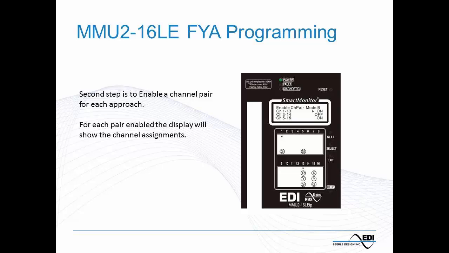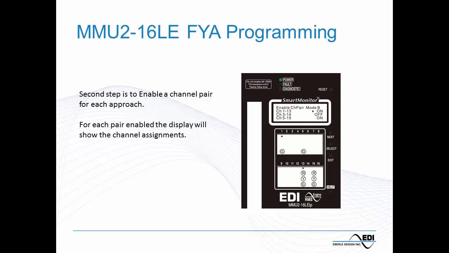So the next thing we need to tell the MMU is of the 4 possible channel pairings, which ones are we actually deploying flashing yellow arrow on. In the maximum case, we'd have it on all 4 approaches. In this example, I've suggested we're only going to turn it on for 2 approaches on Main Street.